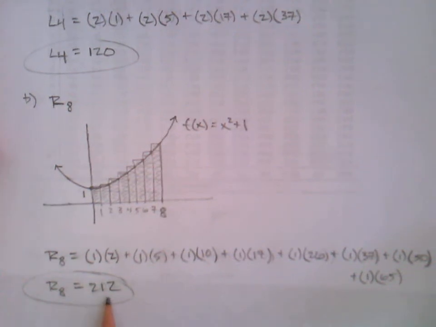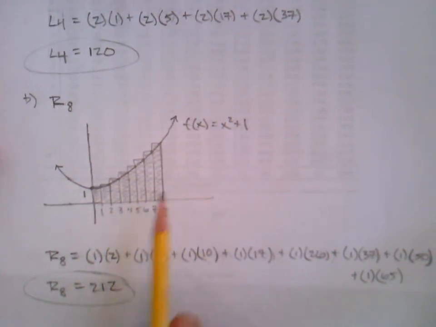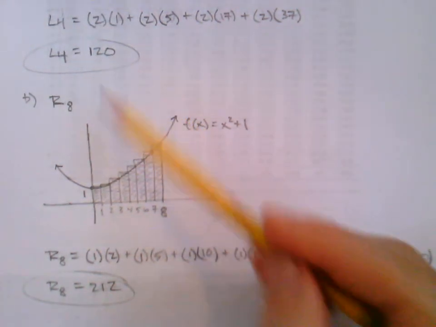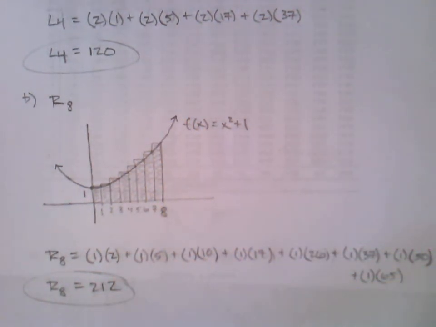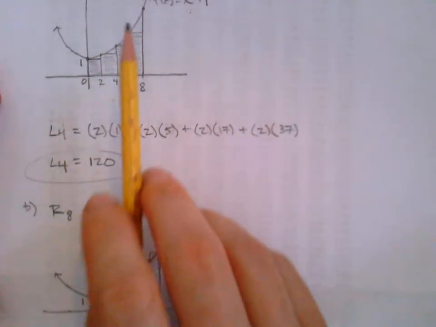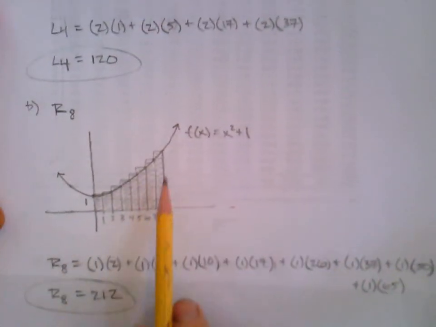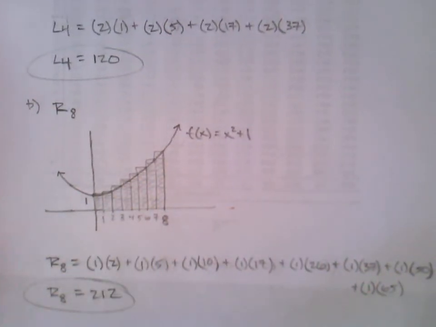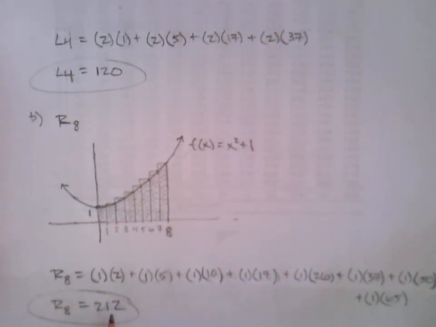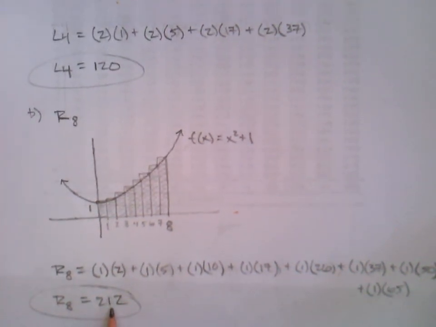So we know that number is bigger than the actual exact area. But that said, this one's too small, this one's too big. Which one is closer to the exact area? And you think, well, these gaps seem bigger than how much these hang over. And yeah, R8 is going to be closer, even though it's a little bit too big, it's going to be closer to the actual answer.